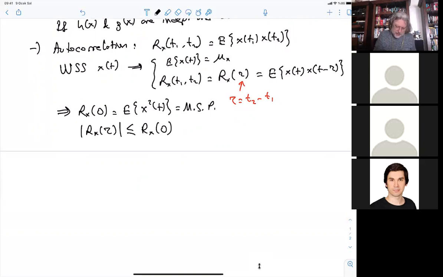The variance, which is notated as sigma sub x squared, is equal to expectation of x squared of t, which is the mean squared power, minus the square of expectation of x of t.